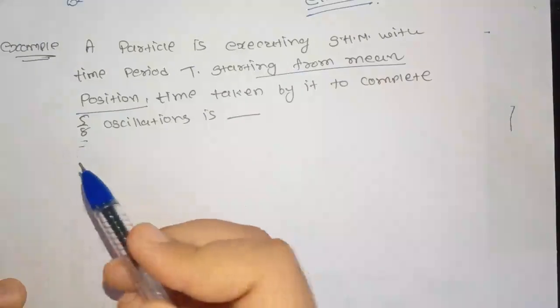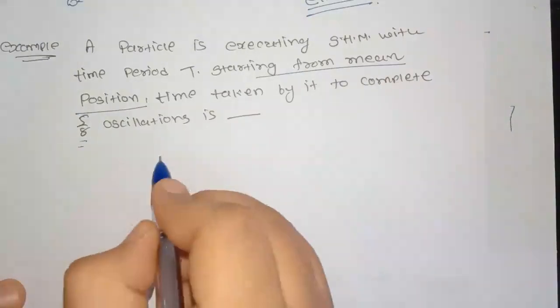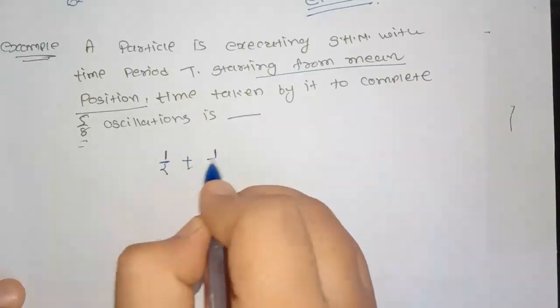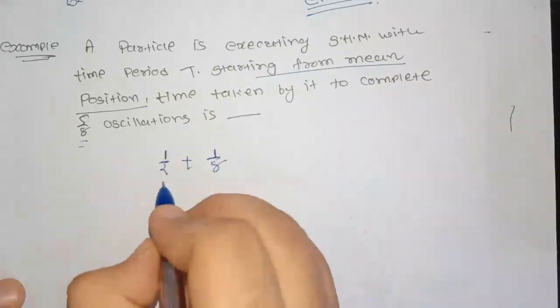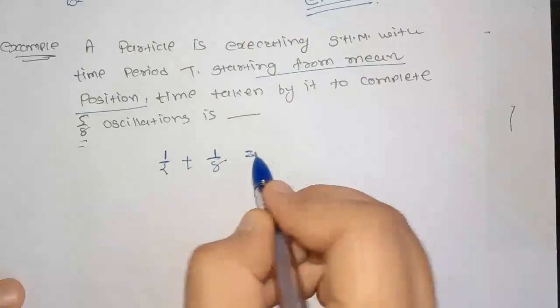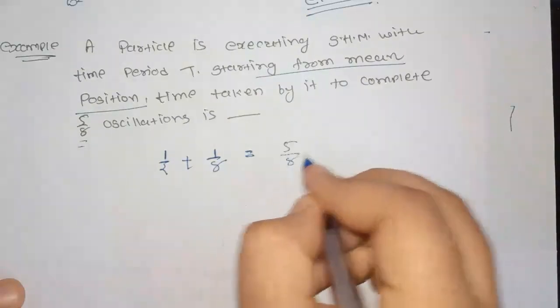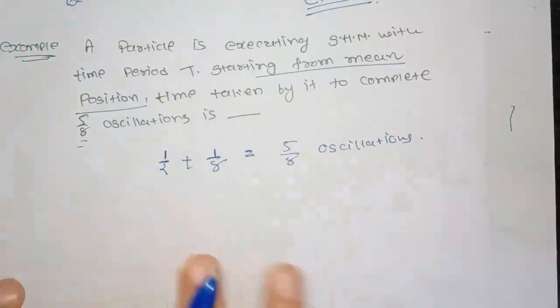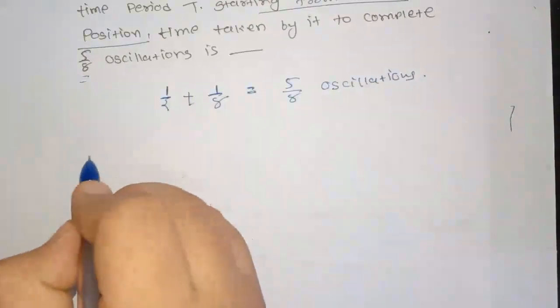Here, the 5/8 oscillations can be written as half oscillation plus 1/8 oscillation. That will be total of 5/8 oscillations. So let us see how the situation will be.